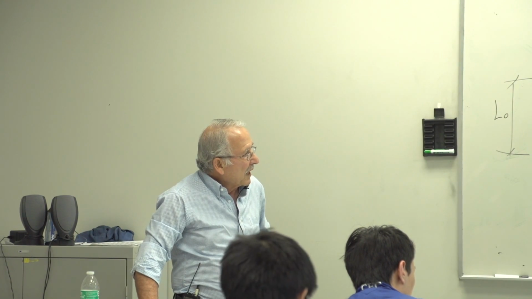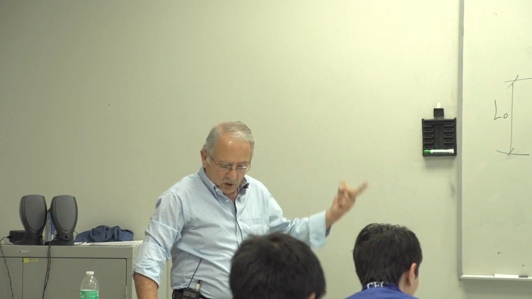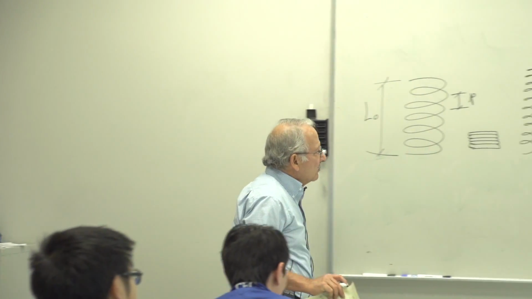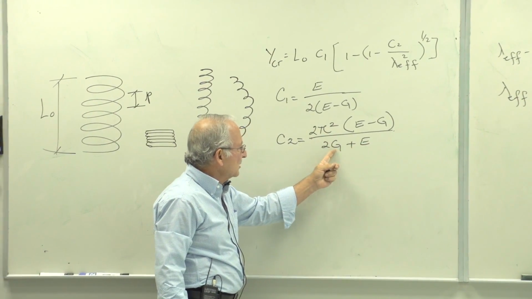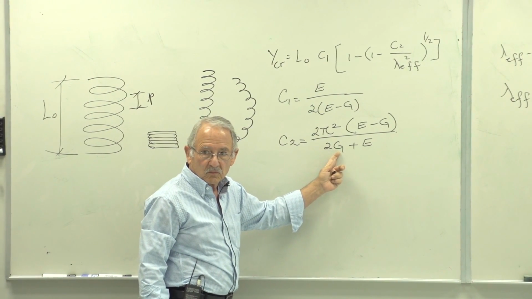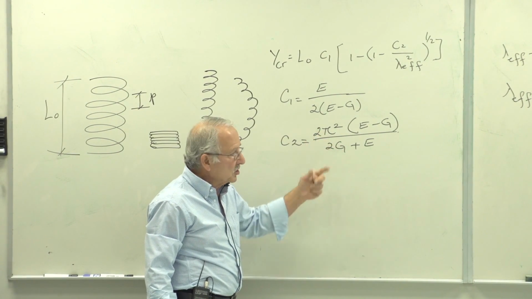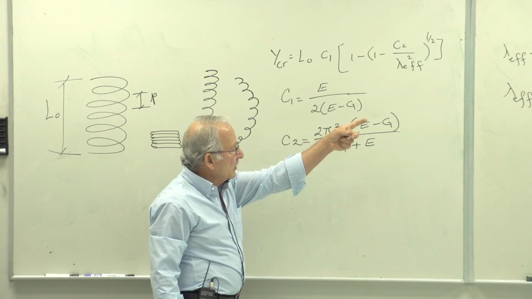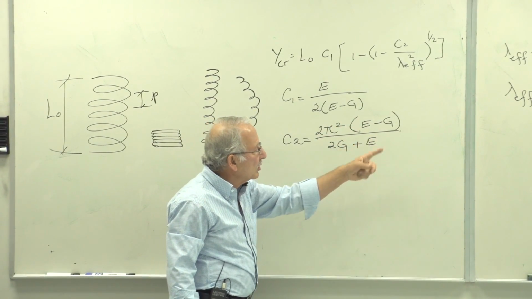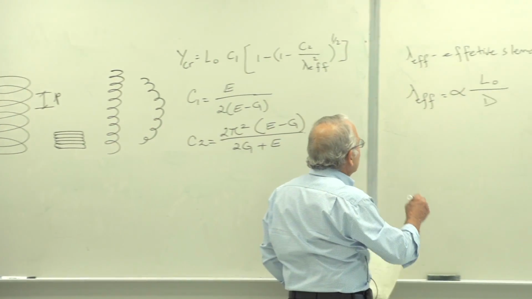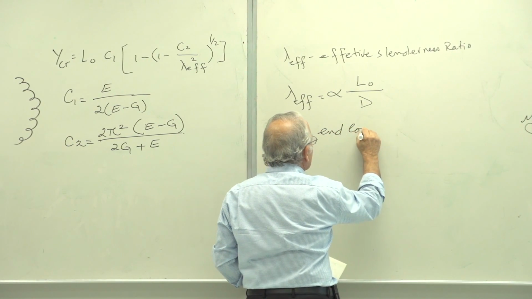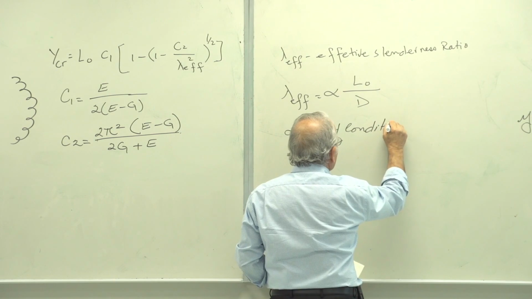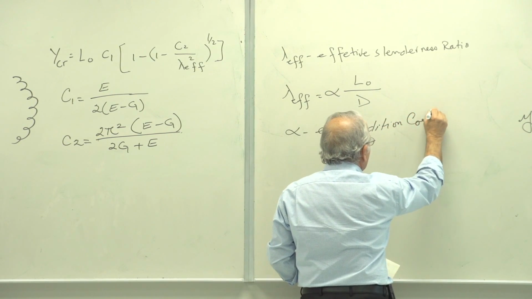In the equation for lambda effective, in the C1 and C2 equations, the nomenclature is self-explanatory. E is the modulus of elasticity, G the modulus of rigidity, or modulus of elasticity in shear. There, L0 is the free length, D the mean coil diameter, alpha is called end condition coefficient.